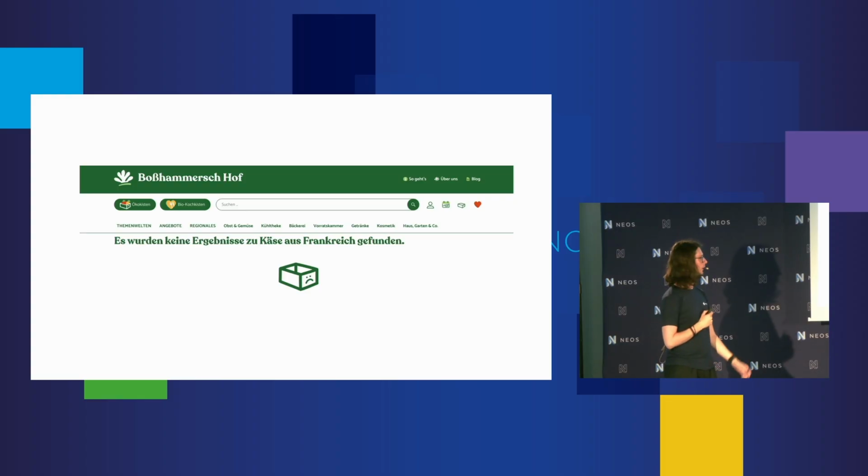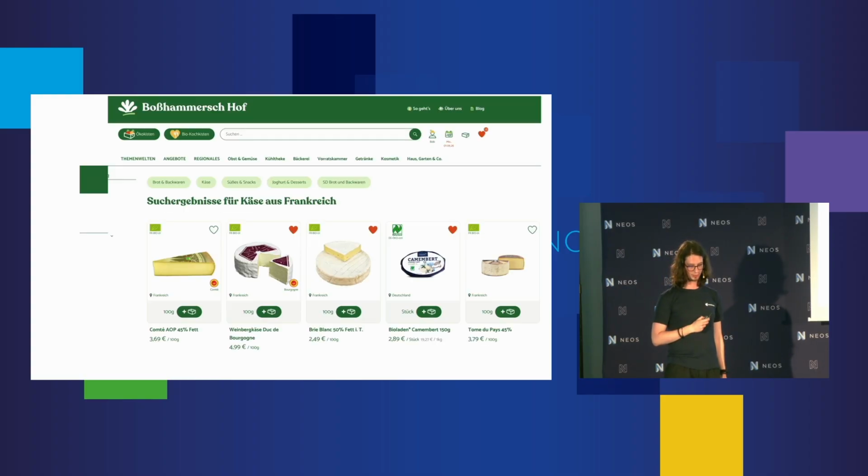Before implementing vector search, when somebody searched for cheese from France, Käse aus Frankreich, there were no results because nobody calls it Käse aus Frankreich. And after implementing the vector search, we finally get some results. So people no longer need to search for Comté AOP 45% fat. They can search by the thing they want and not by the name they expect it to have.